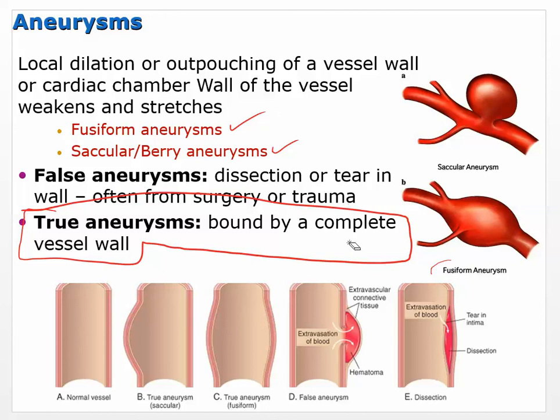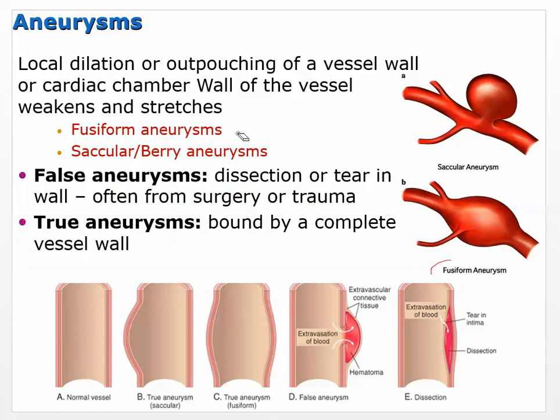A false aneurysm, and I don't know why they call them true and false, they're both aneurysms, is when there is damage to that inner wall, usually a dissection or tear in the wall, often from surgery or trauma. But the outer connective tissue on the outer part of the vessel is still intact, and so it pushes out and forms that bubble.